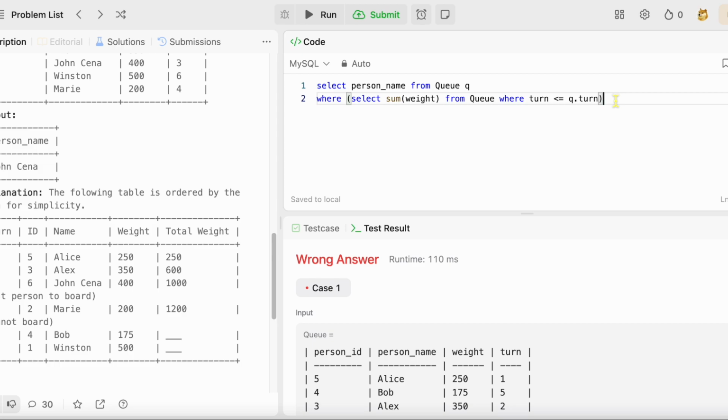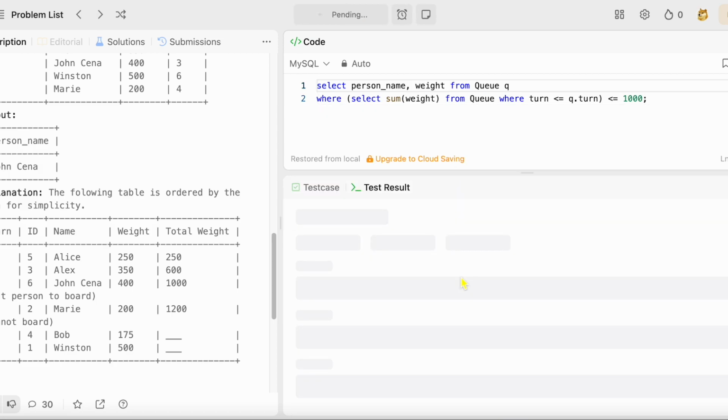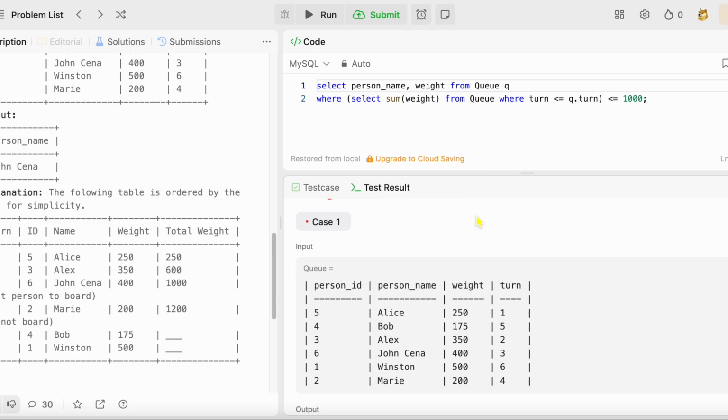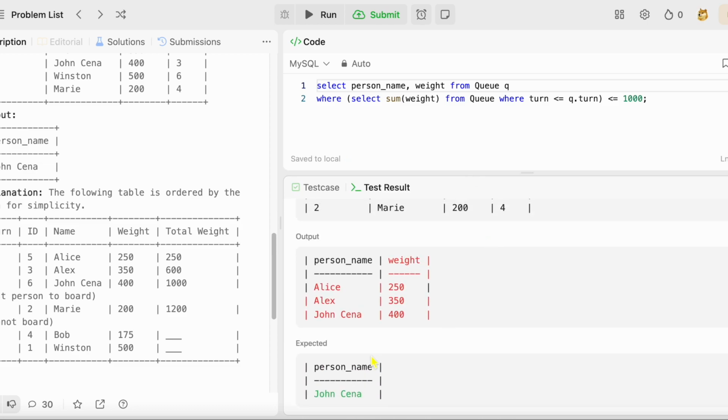So we want to select where the sum of weight is less than or equal to our limit, which is 1,000 kilograms. And then let's just show this. I wish this was a little faster. Okay. So these are the people where if you were to sum their total weights, it's going to be less than or equal to 1,000.